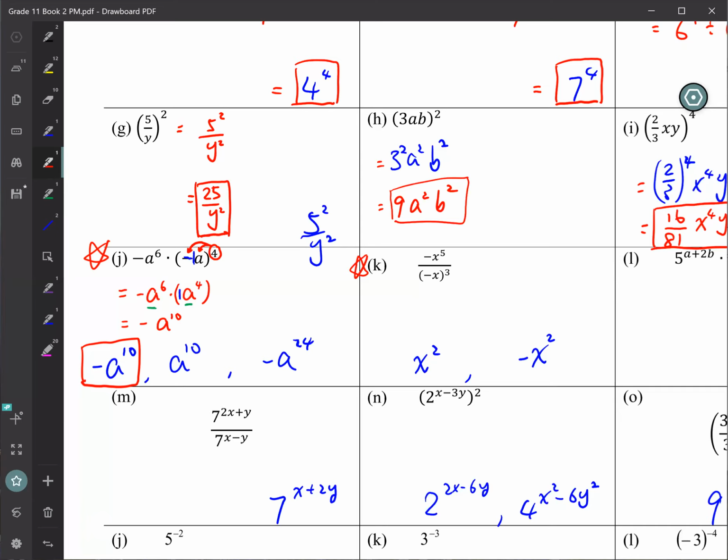All right, so I want you guys to think about this right now. Because you had two answers here, one is negative, one is positive. If you think the answer is positive x squared, please raise your hand.